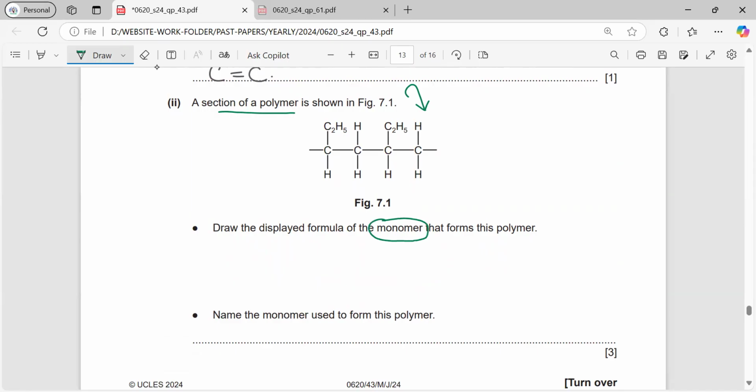To identify the monomer of this polymer, we have to see the repeating unit. As we can clearly see in the diagram, this part, which contains carbon-carbon, is repeating itself here. So this is the repeating unit. To make the displayed formula of the monomer, we just have to close the side bonds and make a double bond between carbon-carbon.